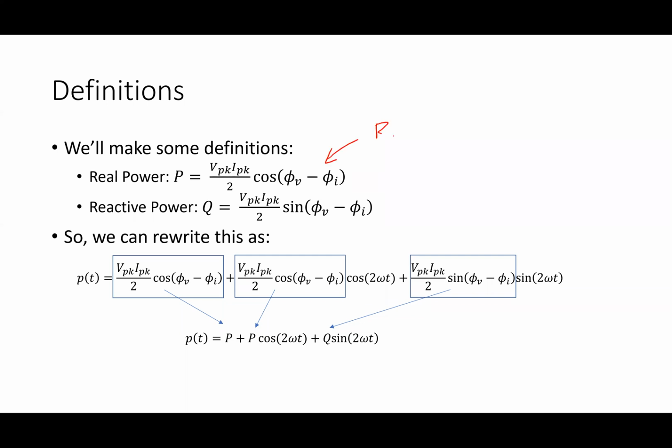So this guy is real, active, or average power. I'll use all of those. And I will be honest with you, most of the time people say power. They don't always say real power, active power, average power, they'll just say power. Okay. It is defined with a capital P.